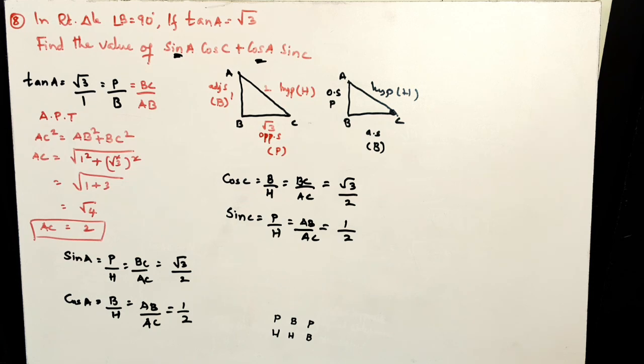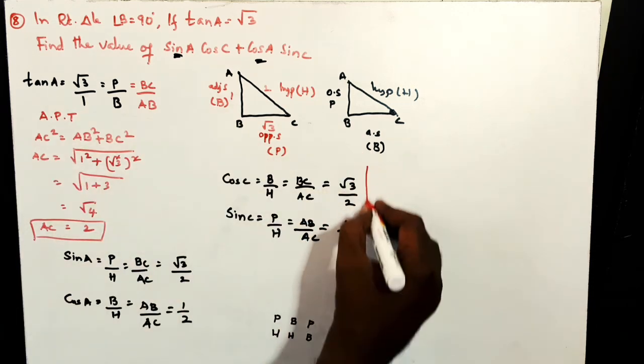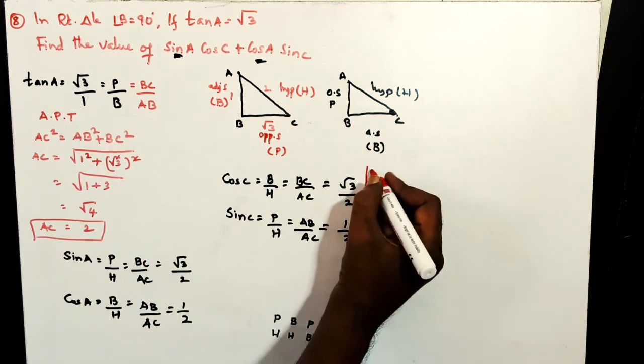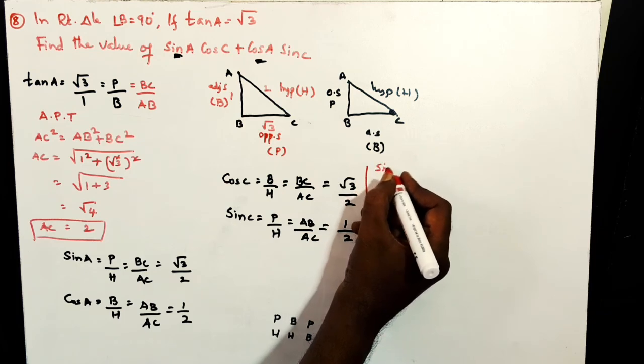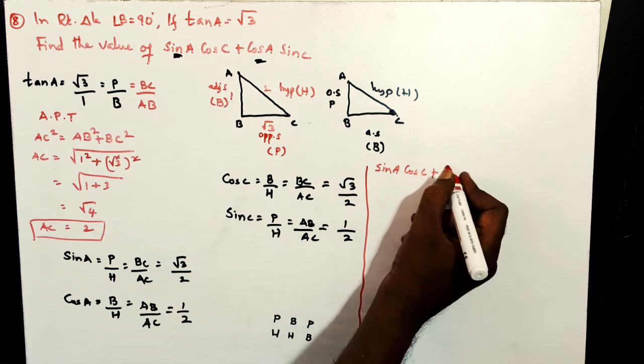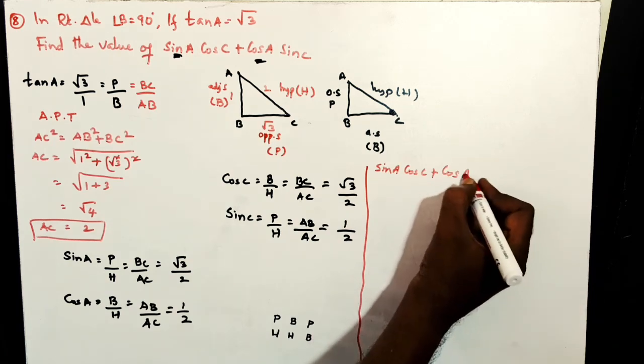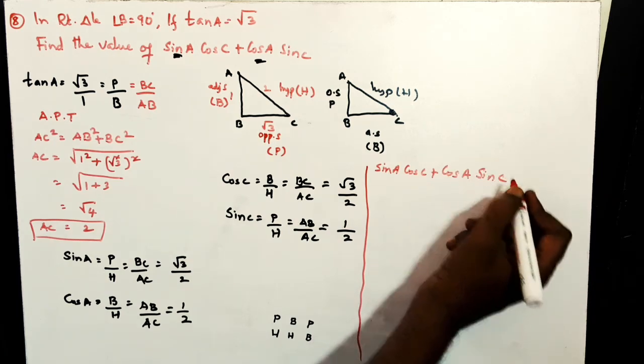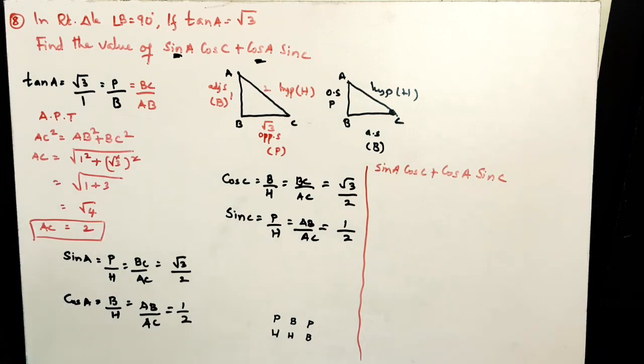Now we have to find the value of sin A cos C plus cos A into sin C. Just substitute the values.